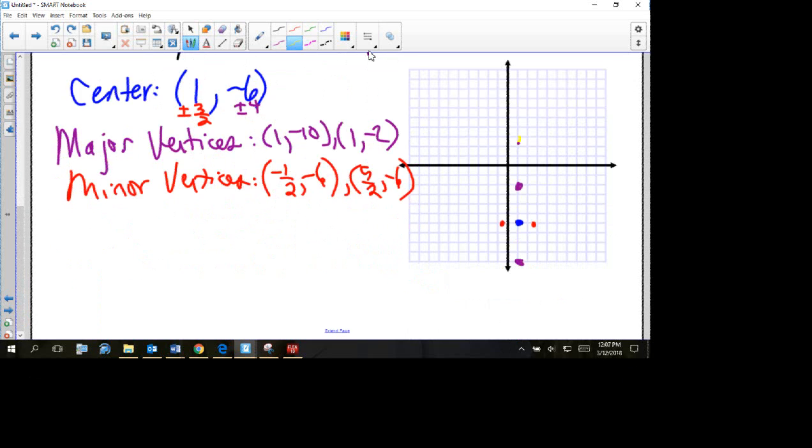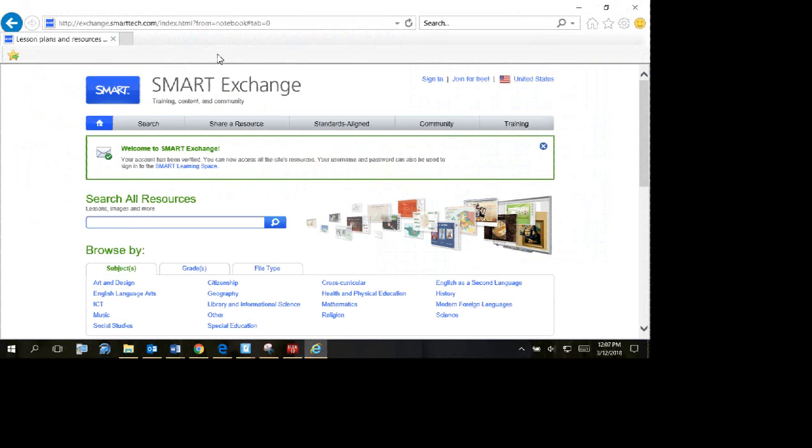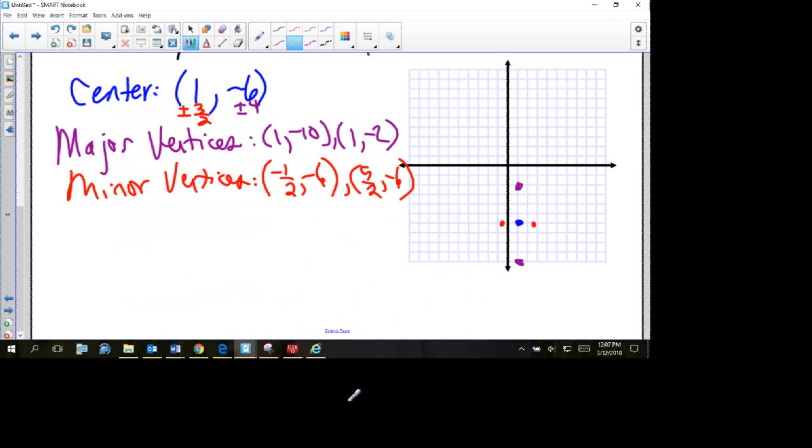Okay, the next thing that I'm going to show you, I have not shown you yet. It's going to help you draw the ellipse and help you with what we're doing tomorrow. For the outline of the major and minor vertices, I'm going to draw this imaginary rectangle.